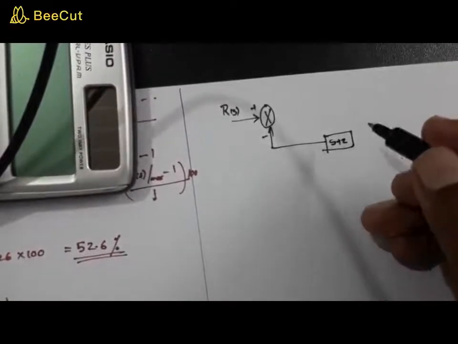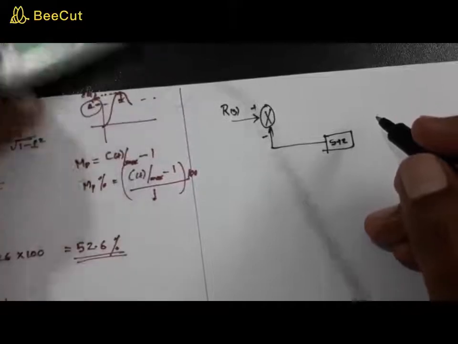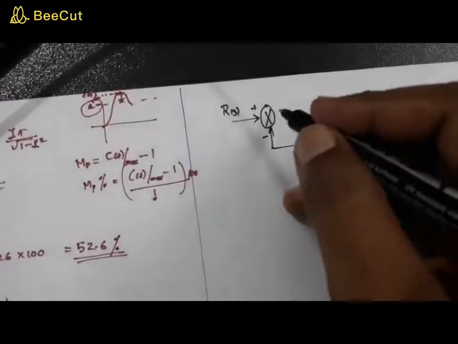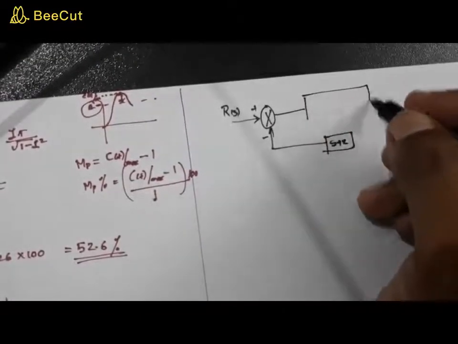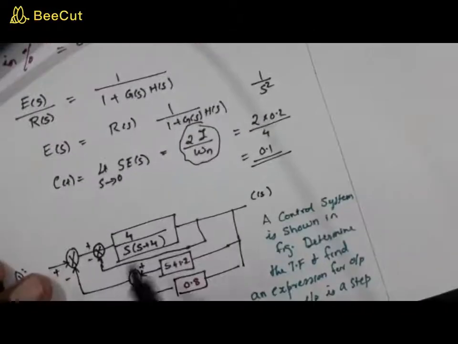So you have a block like that, s plus 2, and then this bigger block, you can convert this as this, consider this as g of s and h of s as 1.